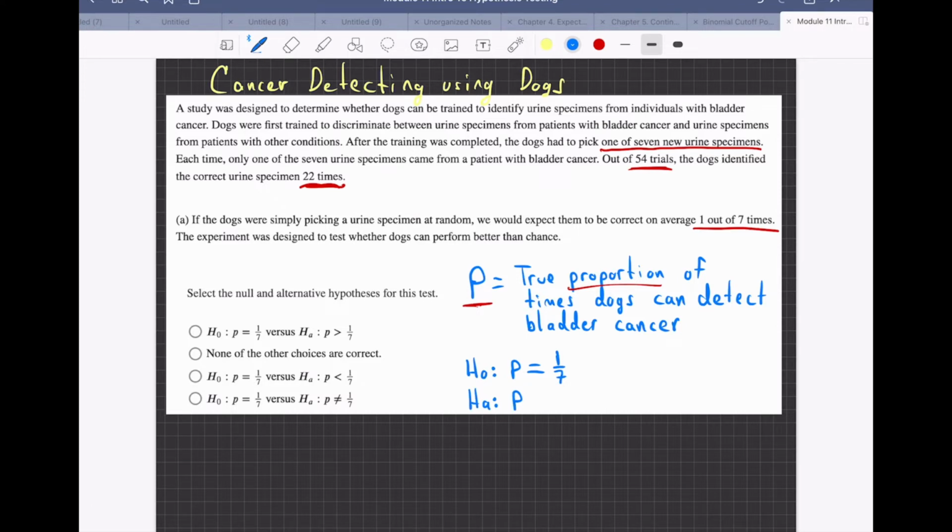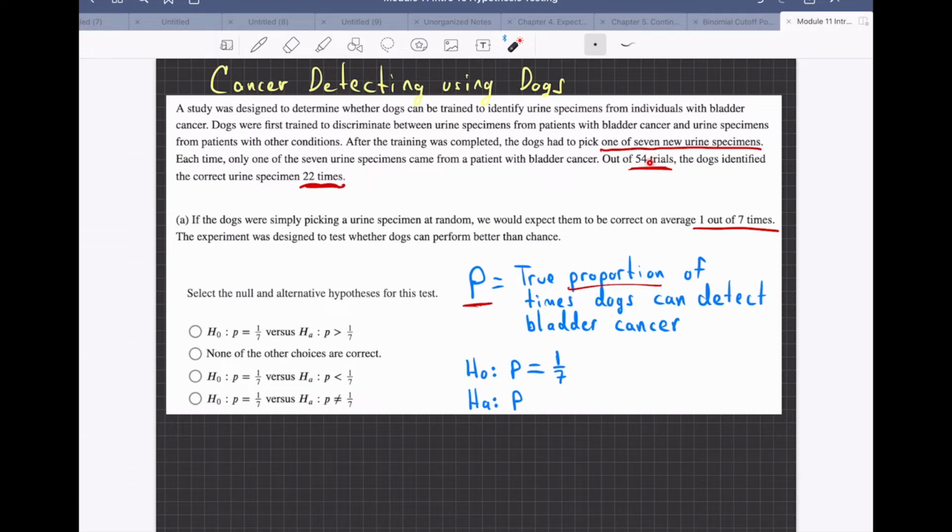If the problem doesn't say it straight, you have to be able to deduce how the alternative is. Again, once you have set up the null hypothesis, parameter equal to something, the alternative has to be parameter different, less, or greater than something. One of those three.